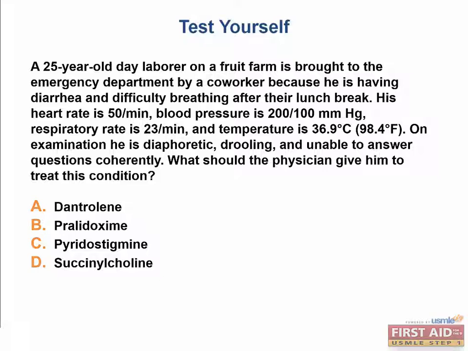So if this is not ringing any bells already, it should. This is the classic DUMBBELLS symptoms that is seen in acetylcholinesterase toxicity. We see this often in organophosphates that are on preservatives for fruit, hence the day laborer.